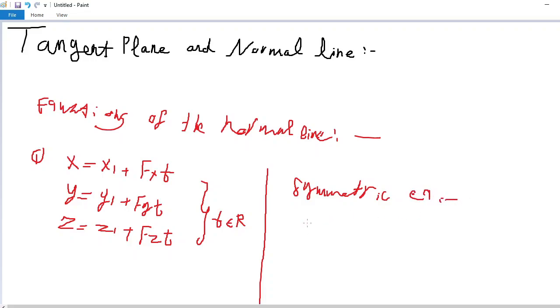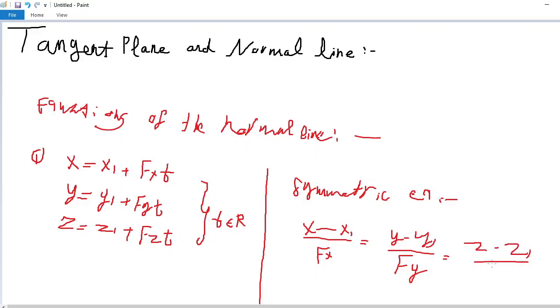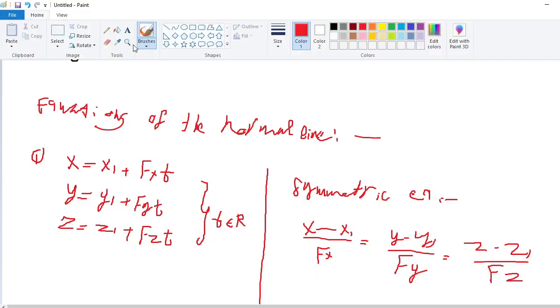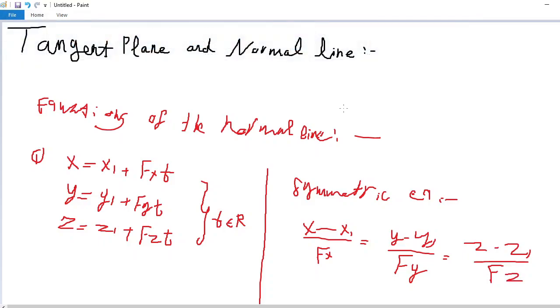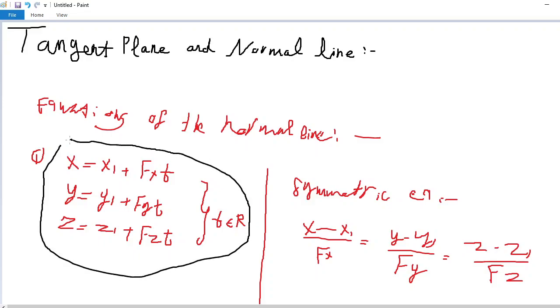The symmetric equation says x minus x1 over the partial derivative with respect to x is equal to y minus y1 over the partial derivative with respect to y, which is equal to z minus z1 over the partial derivative with respect to z. Try to know what the symmetric equation means, or you can memorize it, but the most important thing for the normal line is the parametric equation. It's really, really important.